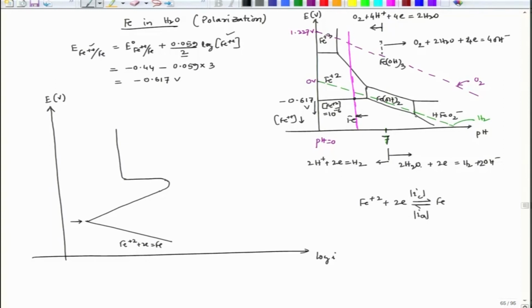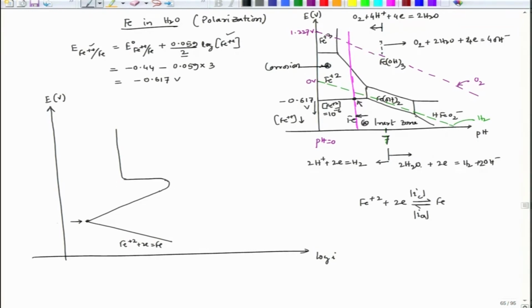This point corresponds to the point here, so this is the potential corresponding to this point. Why? Because at this point iron is going from the inert to the corrosive zone, because we have already seen that this is the zone where corrosion happens because it forms ions. This is the zone which is the inert zone.